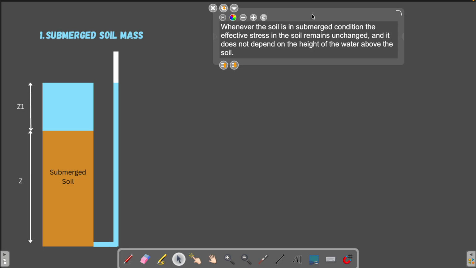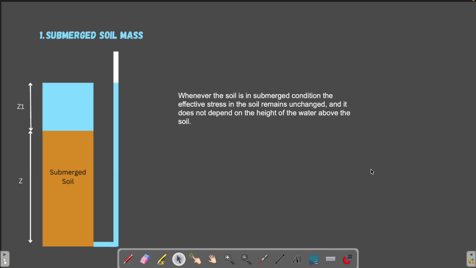So whether the height is Z1 or more than that, the effective stress of the soil remains unchanged, and that is one of the important concepts which you will get in the objective type questions n number of times, okay.